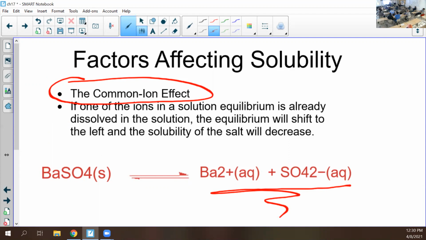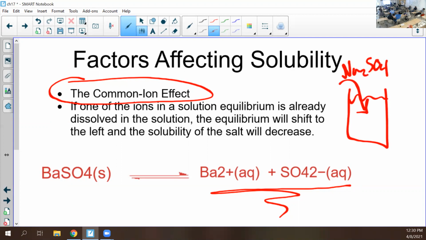Okay. The common ion effect. If one of the ions in a solution equilibrium is already dissolved in the solution, the equilibrium will shift to the left and the solubility of the salt will decrease. So look right here. If I want this to dissolve, but I put it in a solution of Na2SO4, which does dissolve, I already have SO4 minus 2 here.